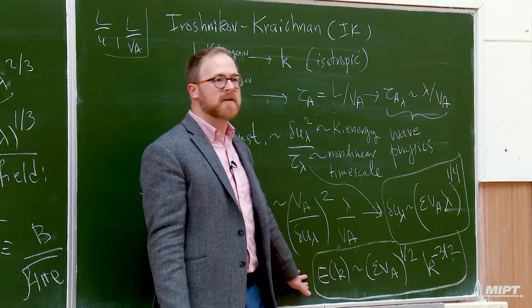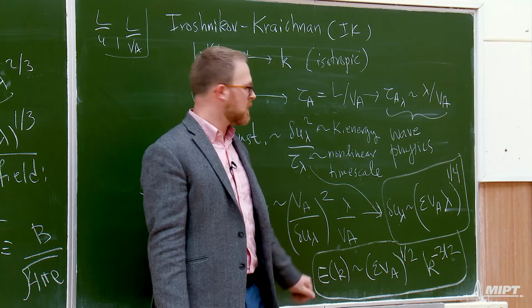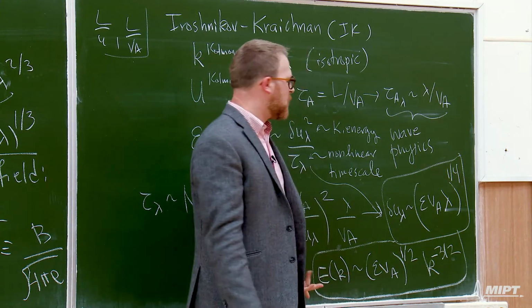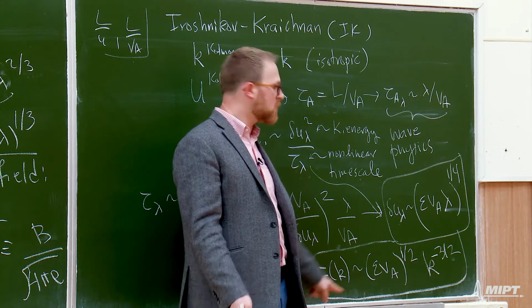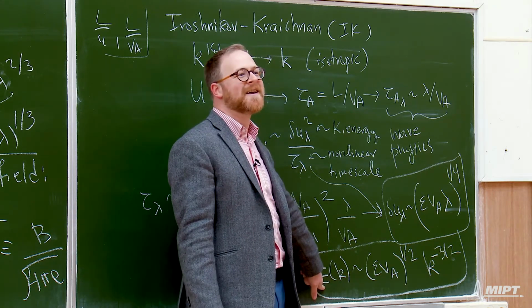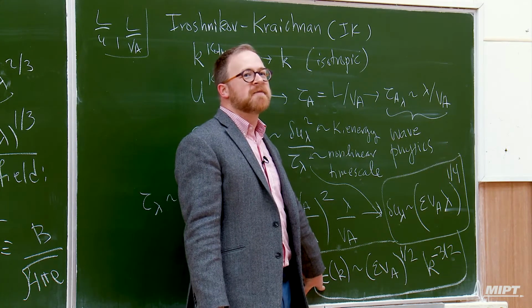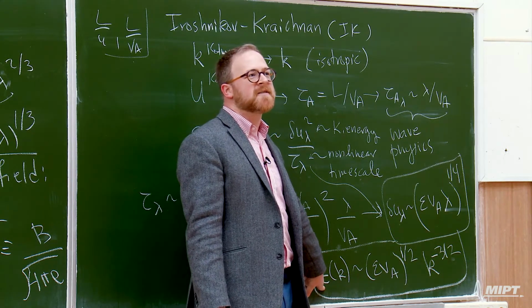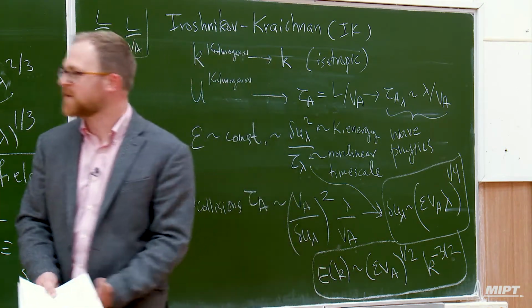And that started casting doubts on this. That led to something called Goldreich-Sridhar turbulence, which is what I'll talk about now. I'm going to leave this scaling on the board because even though it's technically wrong now, for some reason, some simulations give k to the minus 3/2. So I'm just going to leave it here.